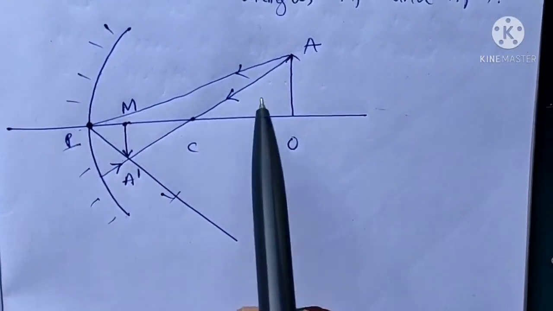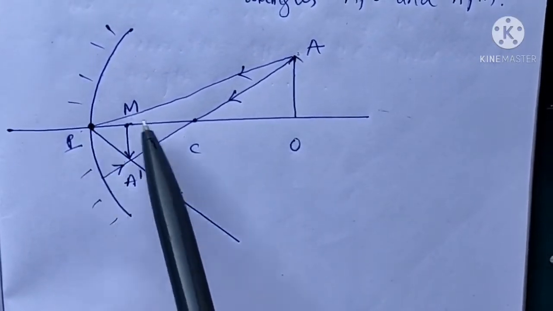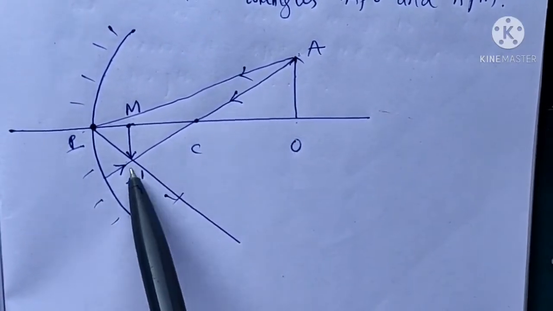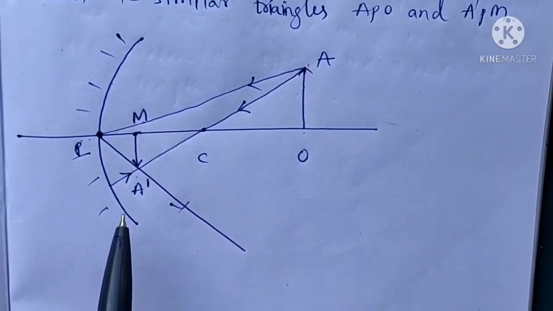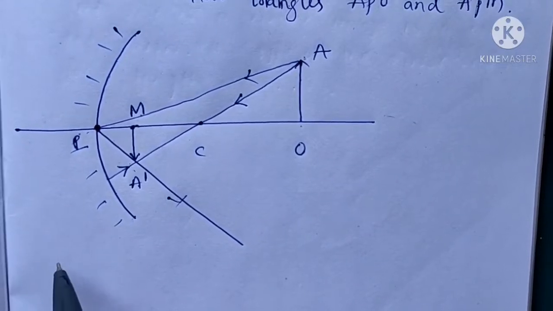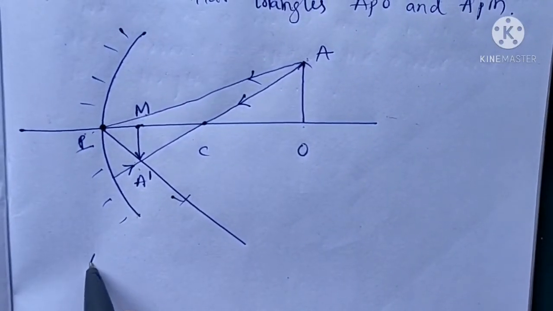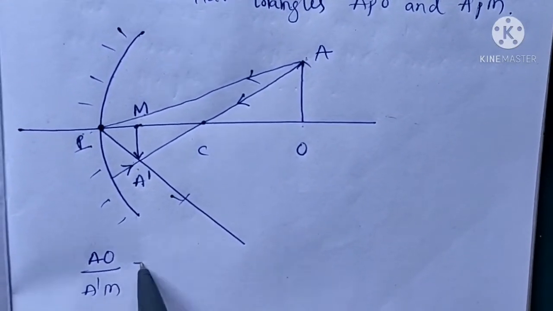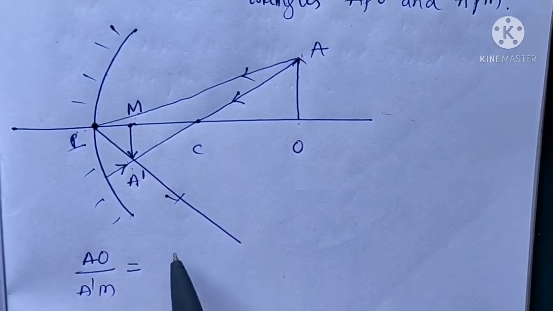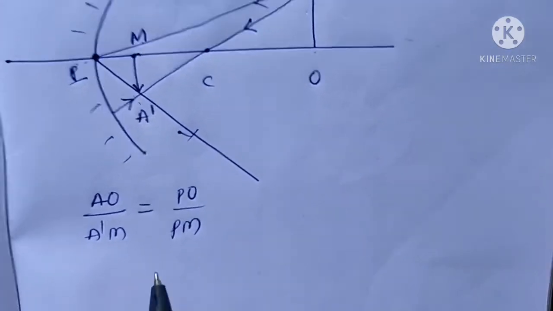So here we can see two similar triangles, APO and A dash PM. If the triangles are similar, we can write from the diagram AO by A dash M equals PO by PM.